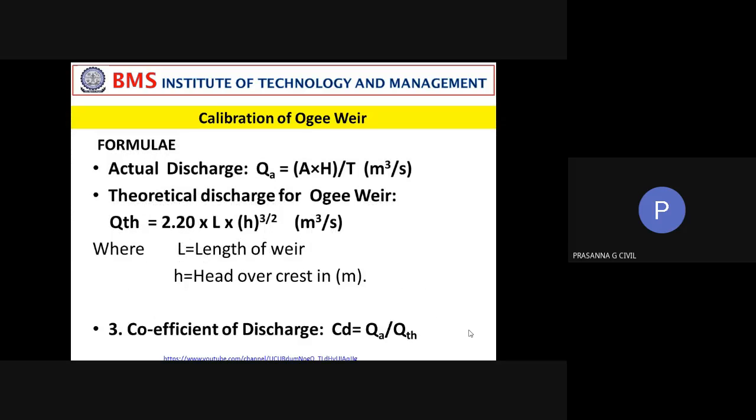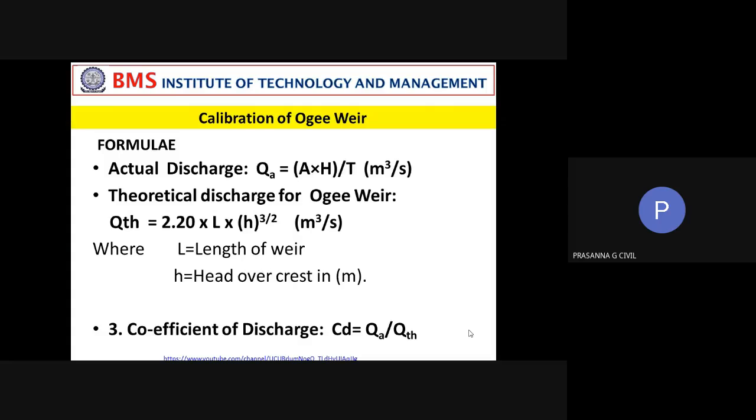The formulae that will be required to calculate the coefficient of discharge of the Ogilvy are: 1. The actual discharge, which is given by the expression A into H by T, where A is the area of the collecting tank, H is the rise of water in the collecting tank, and T is the time for rise of water. 2.